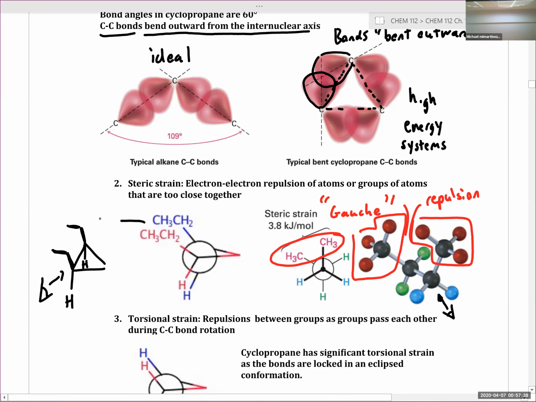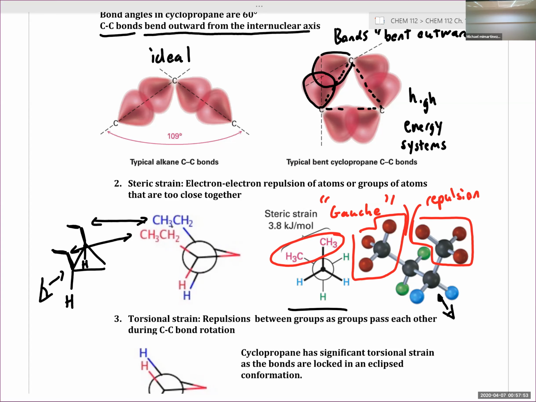So our ethyl groups are traced onto our Newman projection. And as we can see, just looking at these two ethyl groups in space, are these ethyl groups pretty close together in space? Would we expect to observe an ethyl-ethyl steric interaction?